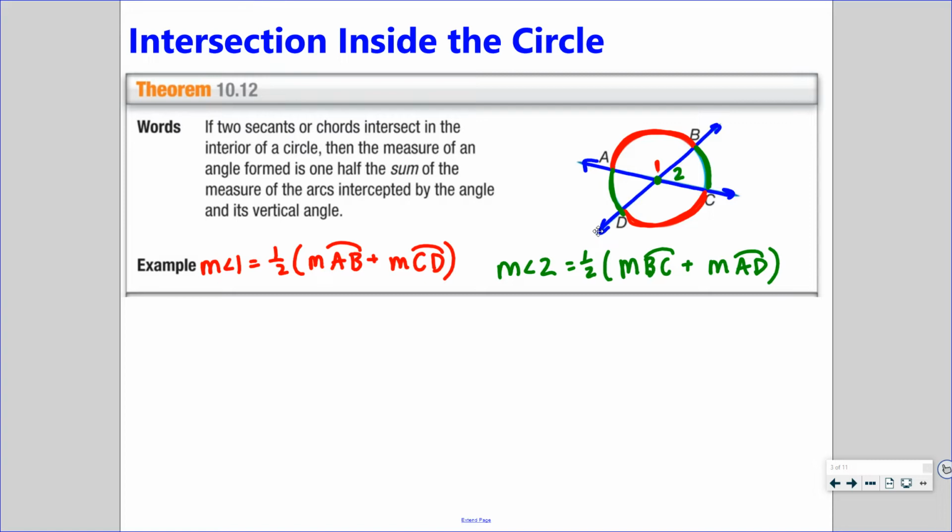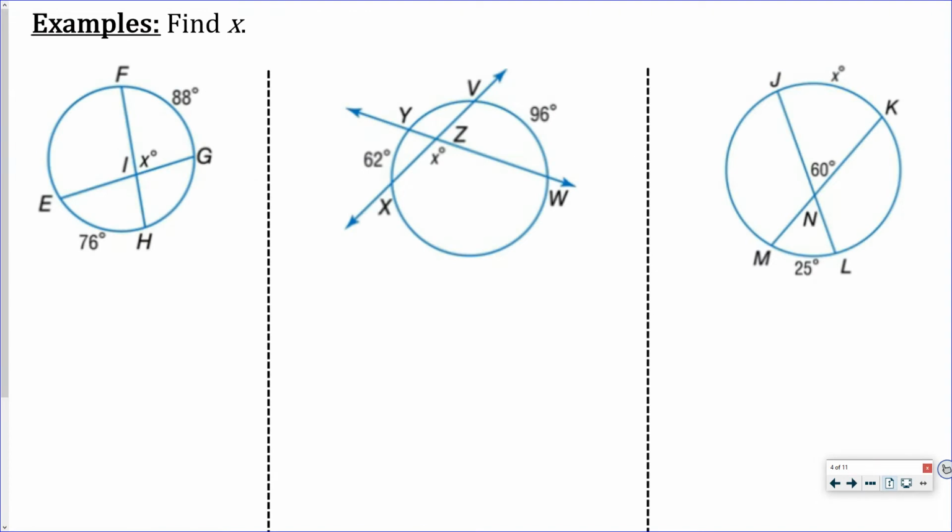Okay, so I got a few examples here. This first one on the left, I actually have two chords intersecting inside the circle.